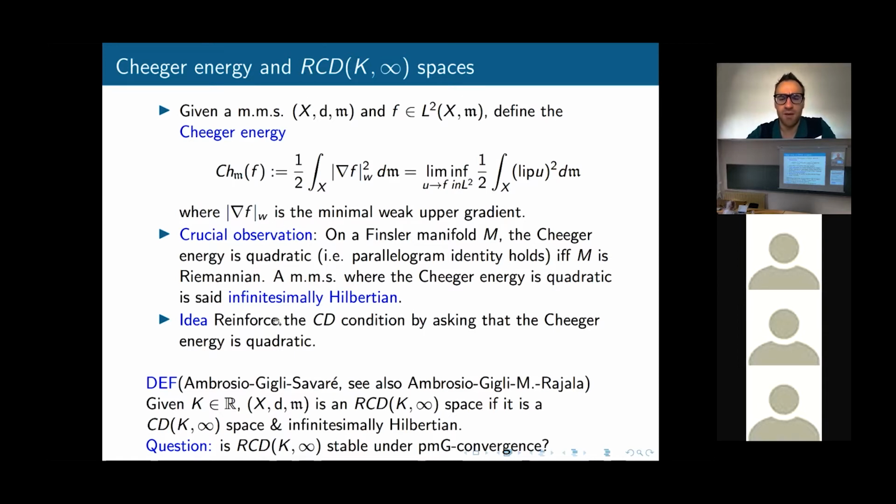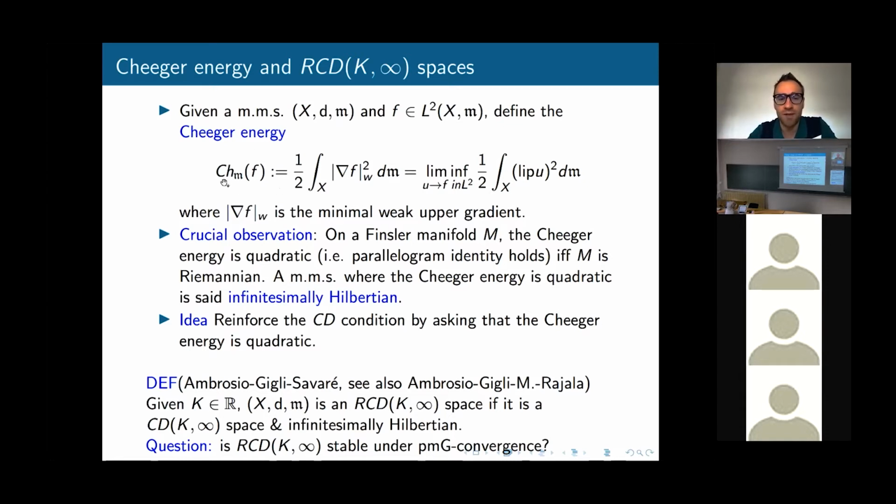Okay, so I was saying about stability of RCD. We're saying that the stability of CD is kind of natural because convexity passes to the limit under zero-order convergence. But what about RCD? So RCD is convexity of the entropy plus a first-order condition.